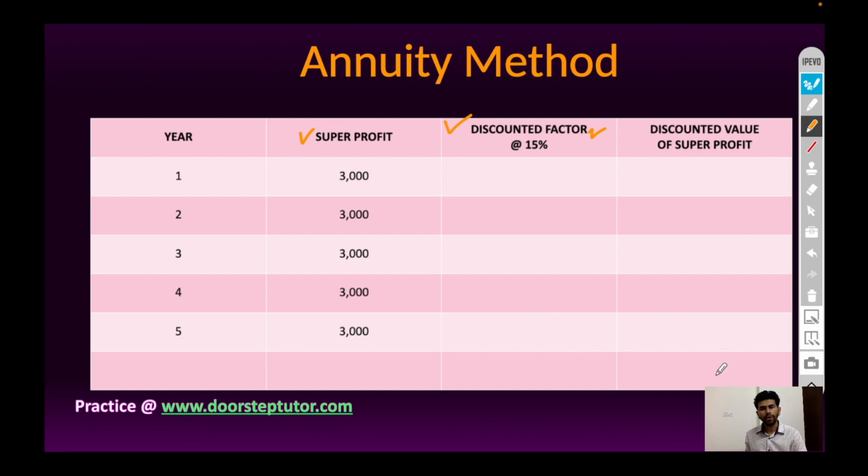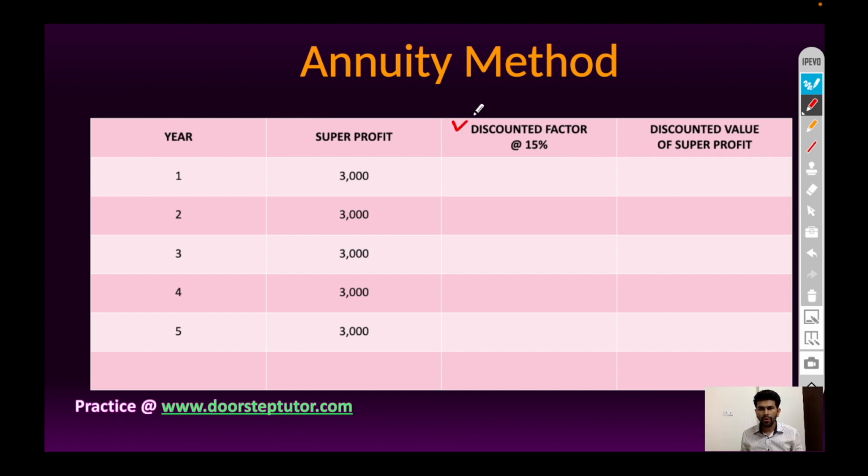Then total of discounted value of super profit will be equal to goodwill. So number of years and super profit amount is given. We have to calculate discounted factor first. Discounted factor is 15%.